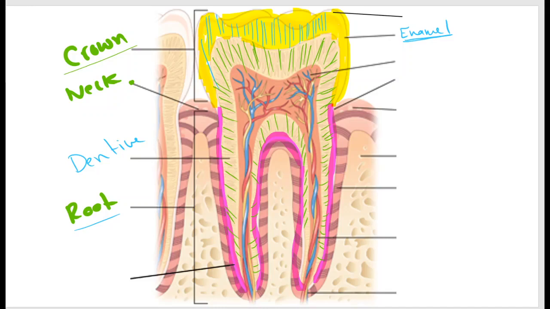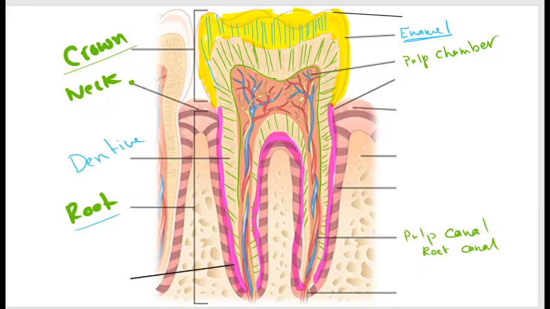The other layer is the pulp, right? We know the pulp is the area that has the nerves and the blood supply. But the pulp itself has two parts. You have the pulp chamber, right? And you have the pulp canal, or sometimes we call it root canal, right?